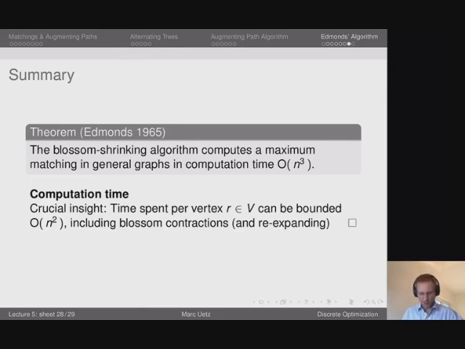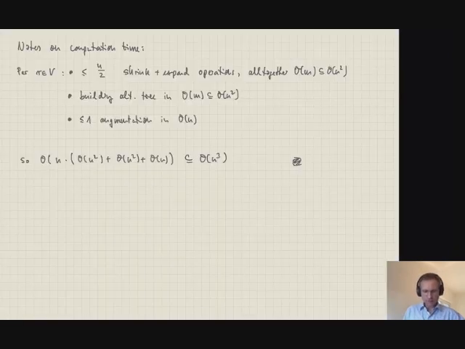So let us finally have an overview of how I can get this computation time. As I said, we are doing the whole business for each of the nodes of the graph. For one given root vertex of the alternating tree, how often could I shrink?